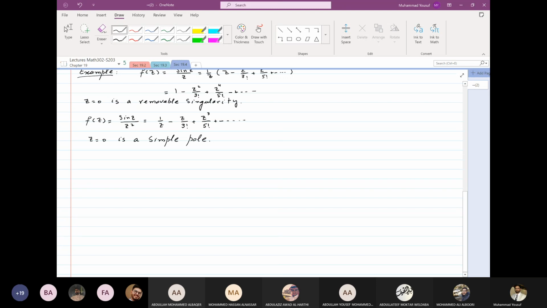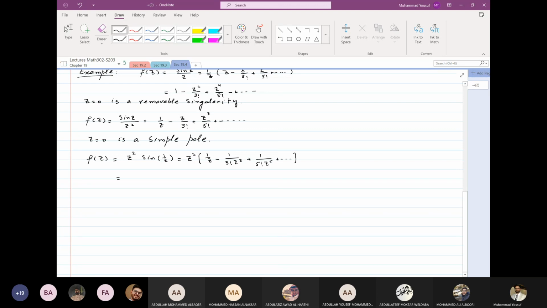It is a simple pole. And now f of z is equal to z square sine of 1 over z. So what will this be? Z square times (1 over z minus 1 over 3 factorial z cube plus 1 over 5 factorial z power 5 and so on).